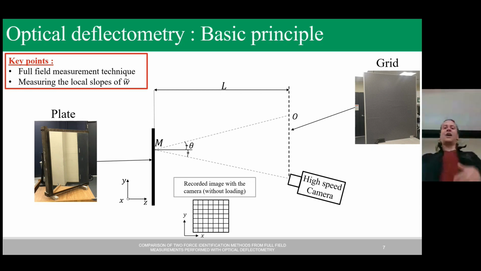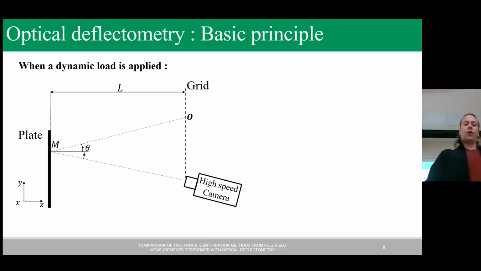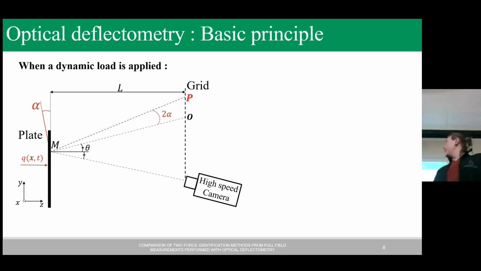So now let's apply a dynamic load on our plate. A load Q is applied and a local slope will appear at point M. Now what the camera is observing at point M will be the reflection of point P instead of point O as we had before.